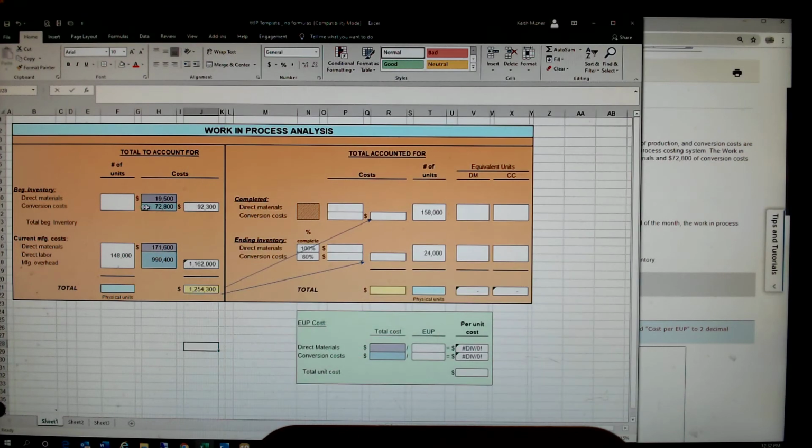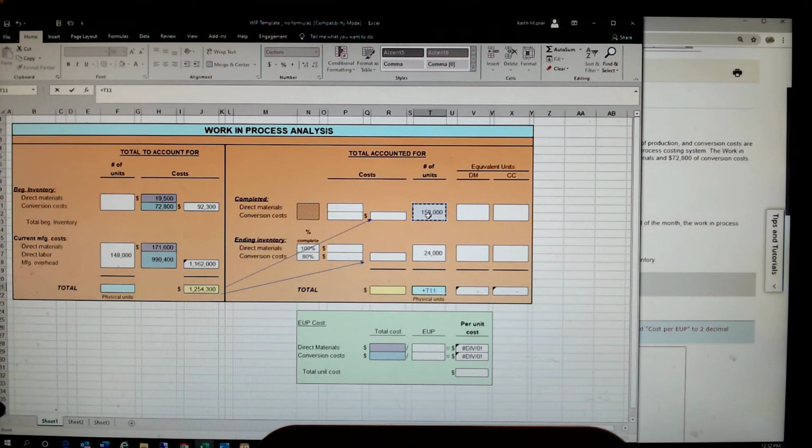Okay, well, they didn't tell me how many units were in beginning inventory. But because we know these columns have to add down to the same amount, we can calculate it. So the physical units are, I can account for 182,000 units. 148,000 of them were begun this period.